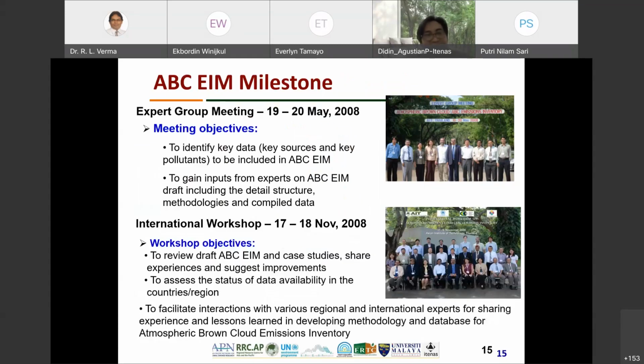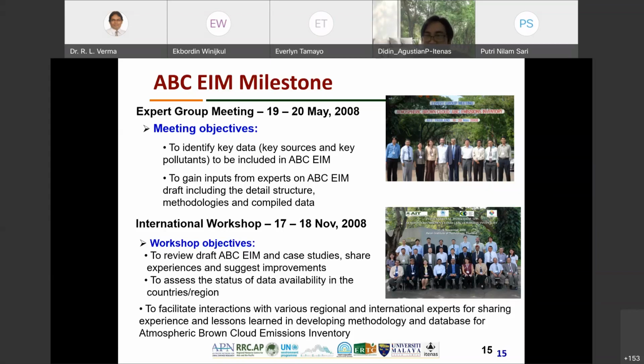So this is the Atmospheric Brown Cloud emission inventory manual milestone. The activity started with the expert group meeting in May 2008. The team consisted of Professor Kim and Professor Ram Shrestha from the Energy Department, and Dr. Maheswar Rupakheti from RRC.AP, and some experts like Dr. Heri Valak and Dr. Tamibon were invited to the meeting to identify the key data, key sources, and key pollutants to be included in the manual.